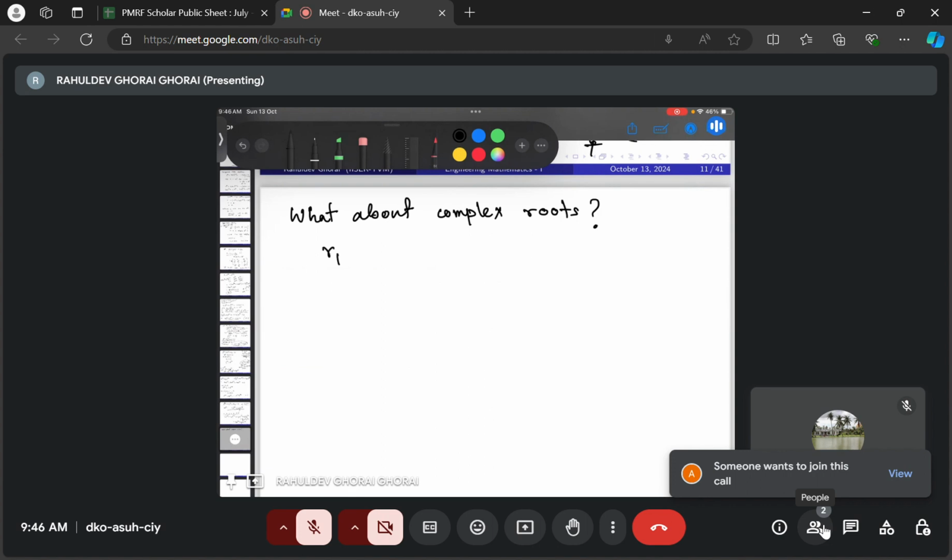So if you have m = r1 and r2, where r1 = a + ib and r2 = a - ib, we get the solution using e^(mx).